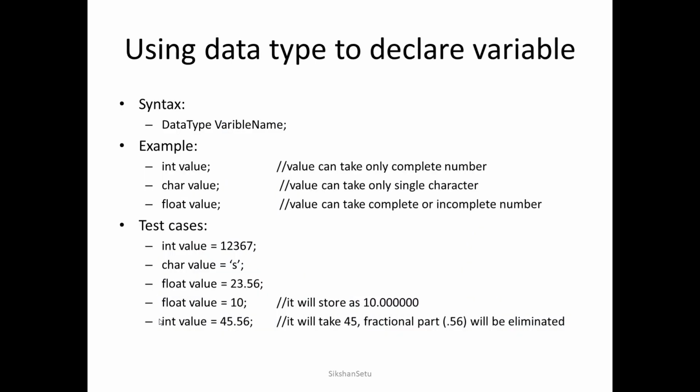Now let's try to understand how a data type gives meaning to a variable. If we need to use a data type for declaring a variable, the syntax is data type and the variable name. For example, suppose I need to declare one variable named value. I am using the int data type, so I am writing int value.